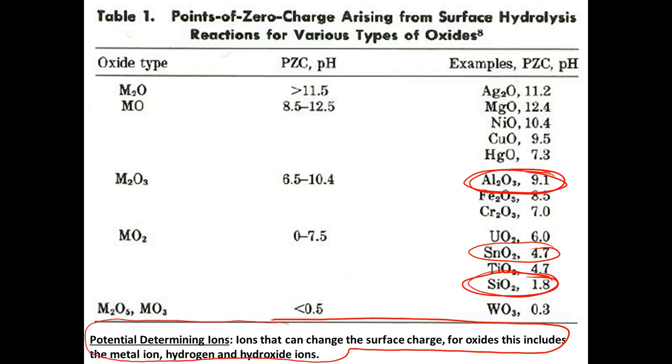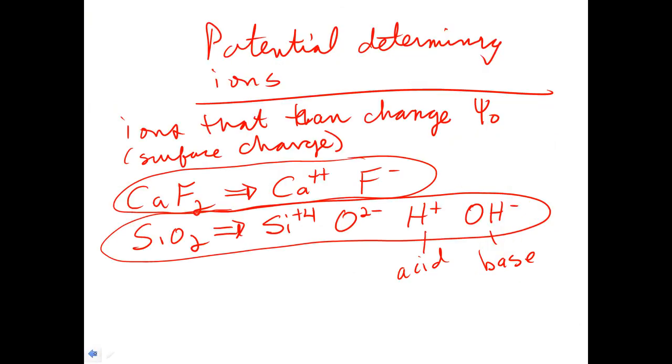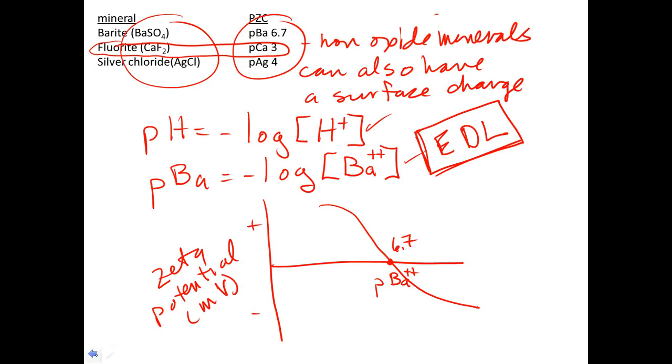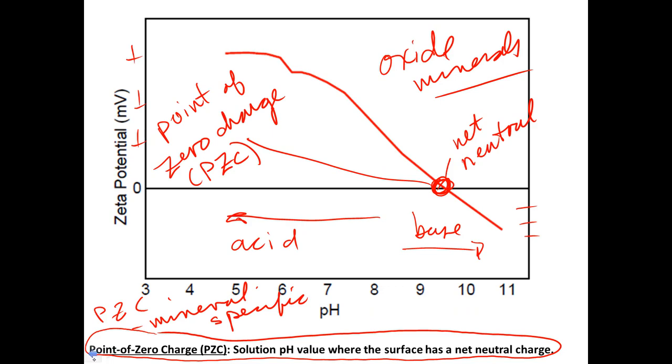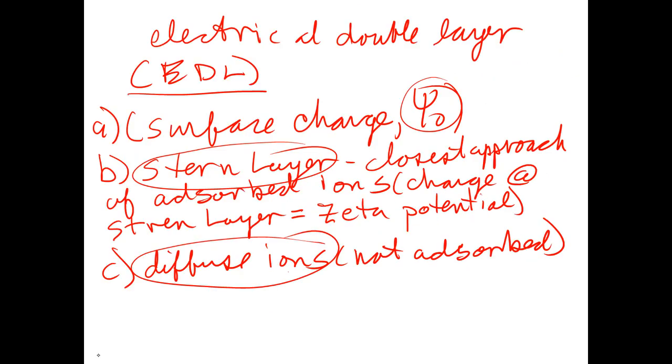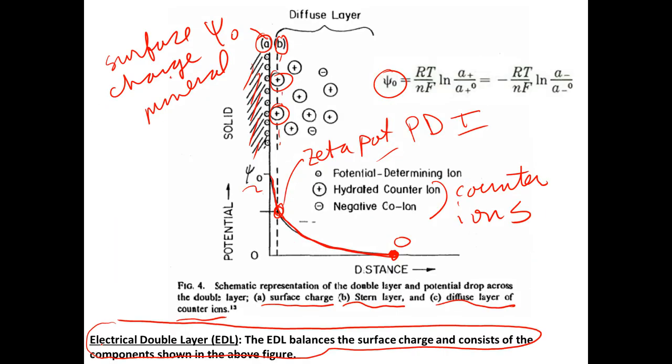Let's go all the way back here to our electrical double layer. So we've got our electrical double layer that consisted of that surface charge, the stern layer, which is a reflection of the zeta potential and which we use as an indication of the charge, and the diffuse layer.